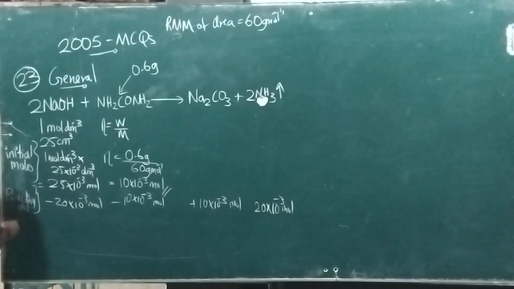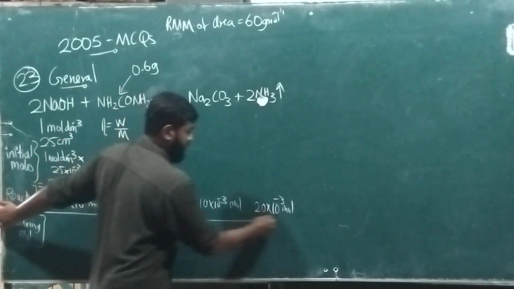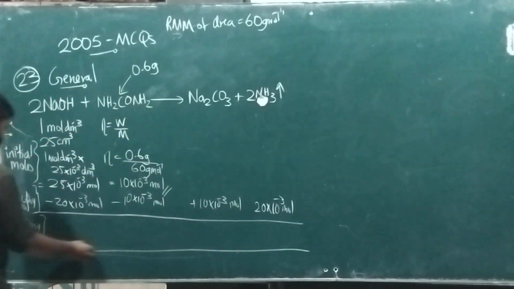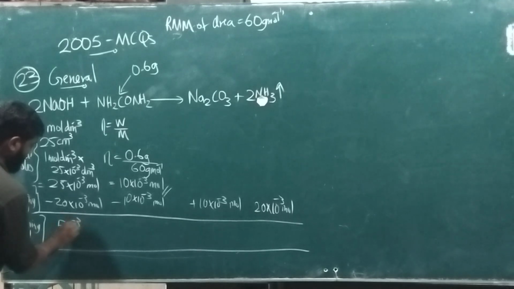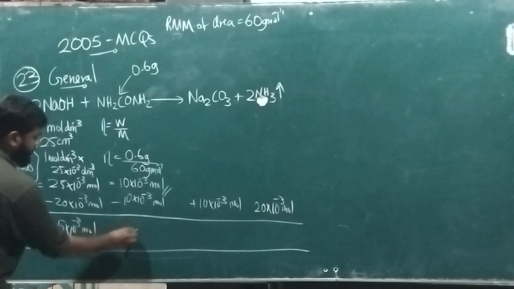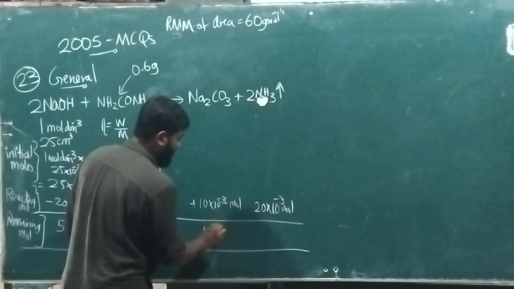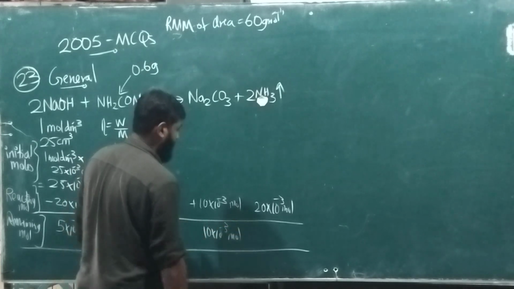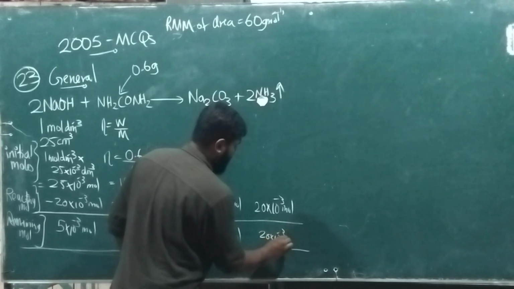As a result, in the remaining moles, what we're going to have is 5 × 10⁻³ moles, here 0, then 10 × 10⁻³ moles, and 20 × 10⁻³ moles here.